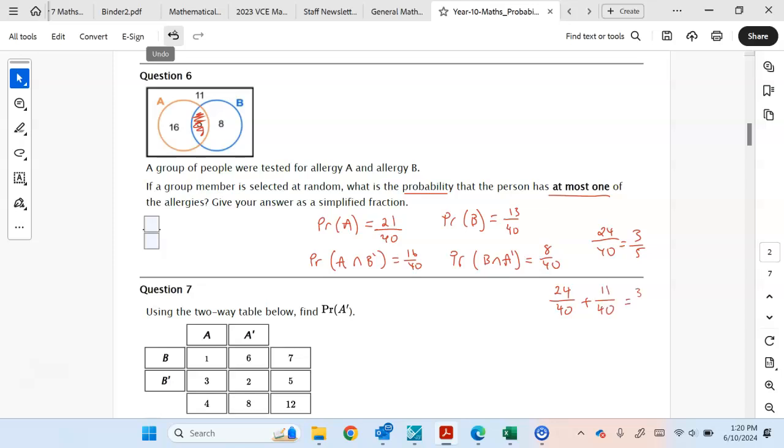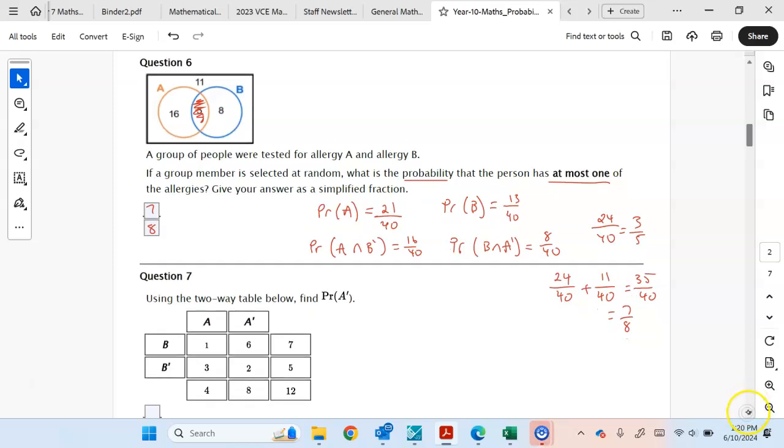Okay, so 35 out of 40, which is 7 over 8. And we could have done 1 minus what we didn't want. That's a bit of a tricky question just with the wording, and I probably overcomplicated it a little by calculating all those other probabilities. Basically we didn't want that 5, which I've already scribbled out.